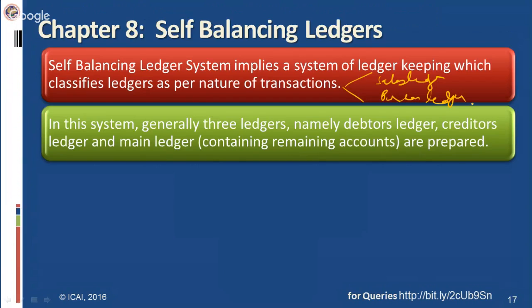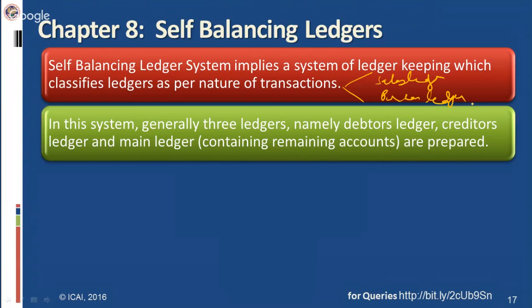Generally, the concept of self-balancing ledgers is not for the sales and purchase ledger, and basically in computerized accounting systems, it is generally not maintained. This chapter is more relevant for small accounting firms, but for the basic foundation, I think students must know about this.